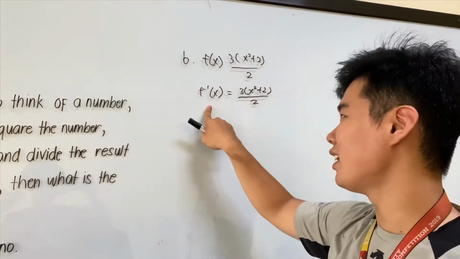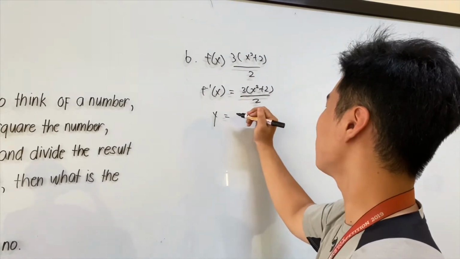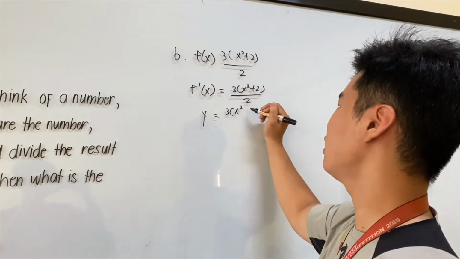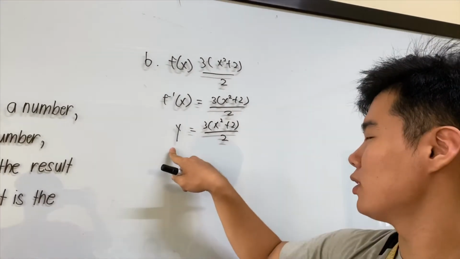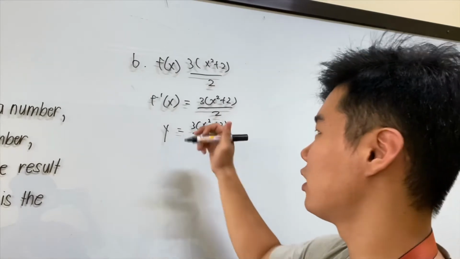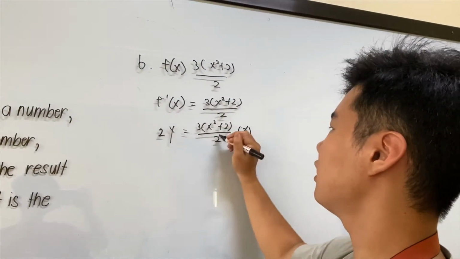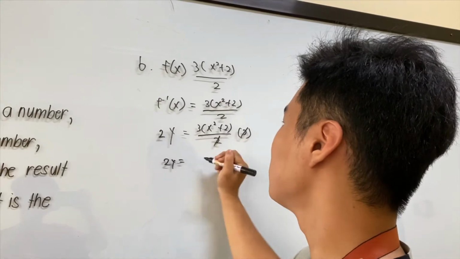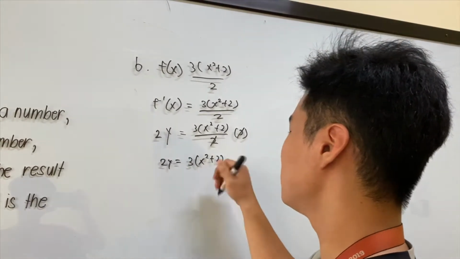Substitute f prime x with y. Let's write x plus 2 squared times 3 divided by 2. Multiply 2 by both sides so that you can remove the denominator. So multiply 2, cancel, 2y equals 3 times x plus 2 squared.